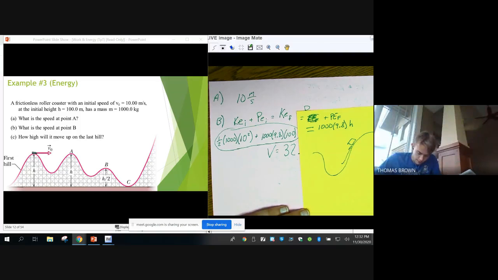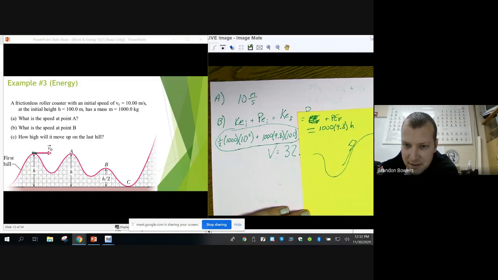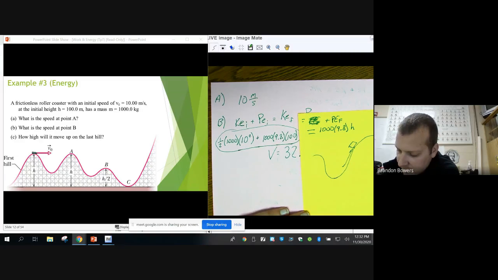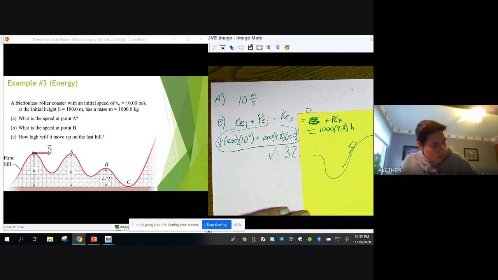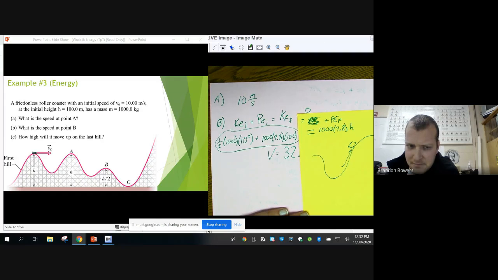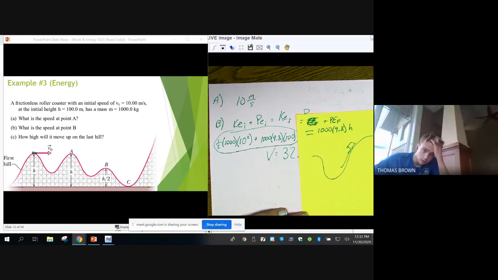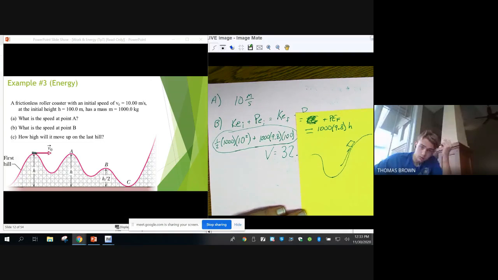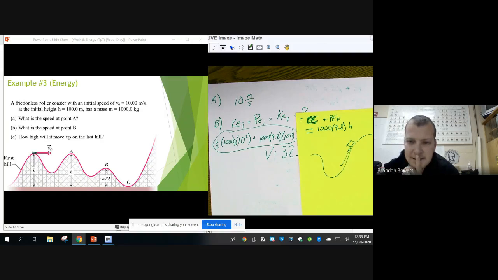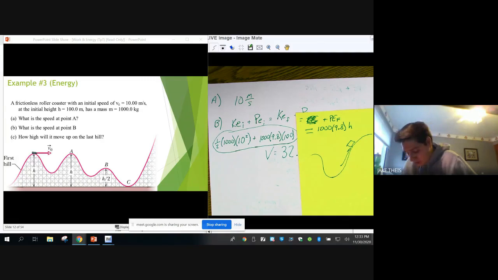With sig figs, I got about 110 meters. Wow, you did that very fast. What did you get? I got about 15. Oof. Let me try it again.